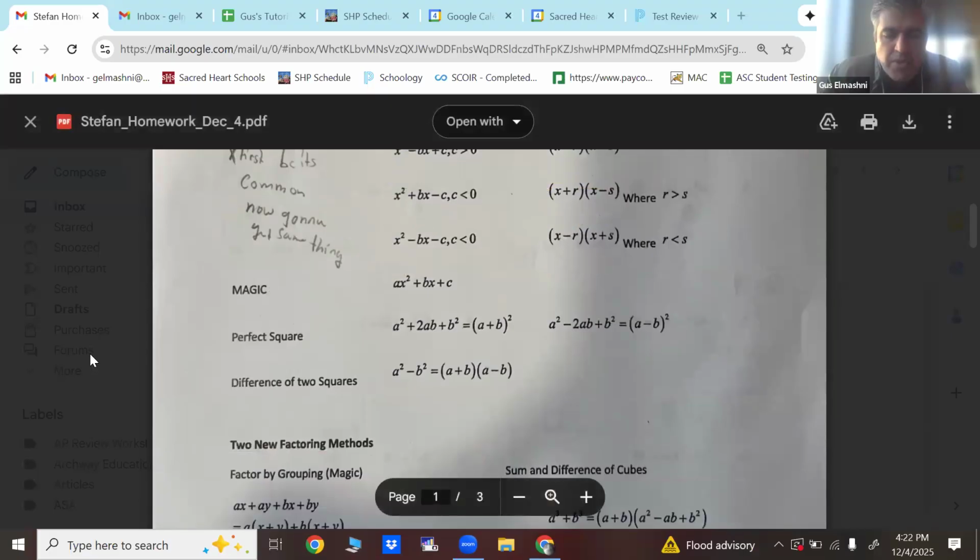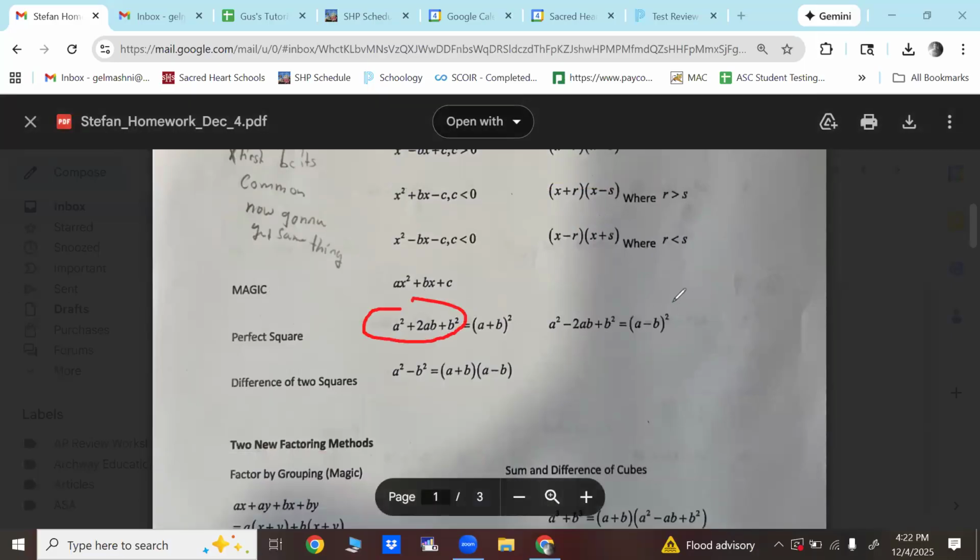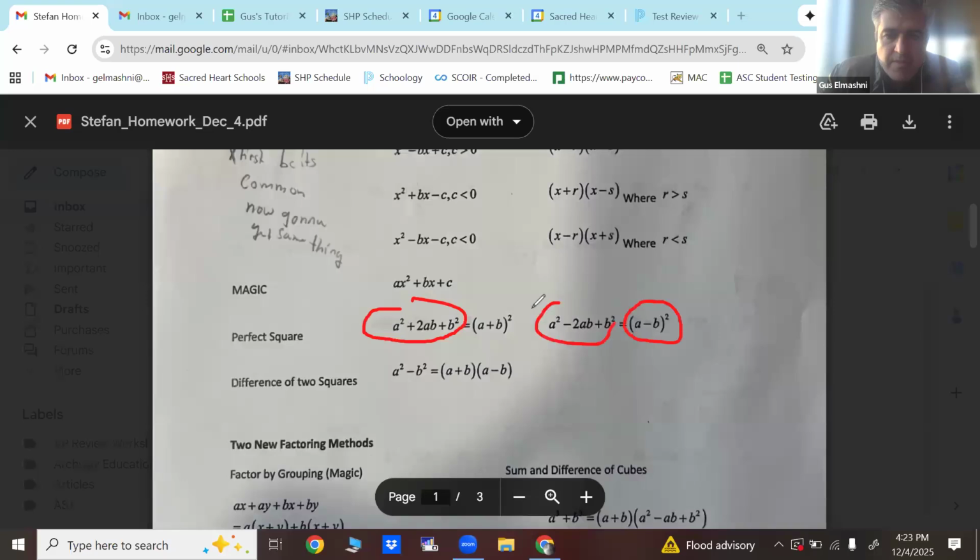Okay. Well, I'm going to show you some methods myself so you have some techniques you can use. Definitely there's something called perfect squares, where if you take two things being added together and square it, you get this. Or if you square this, you get this.